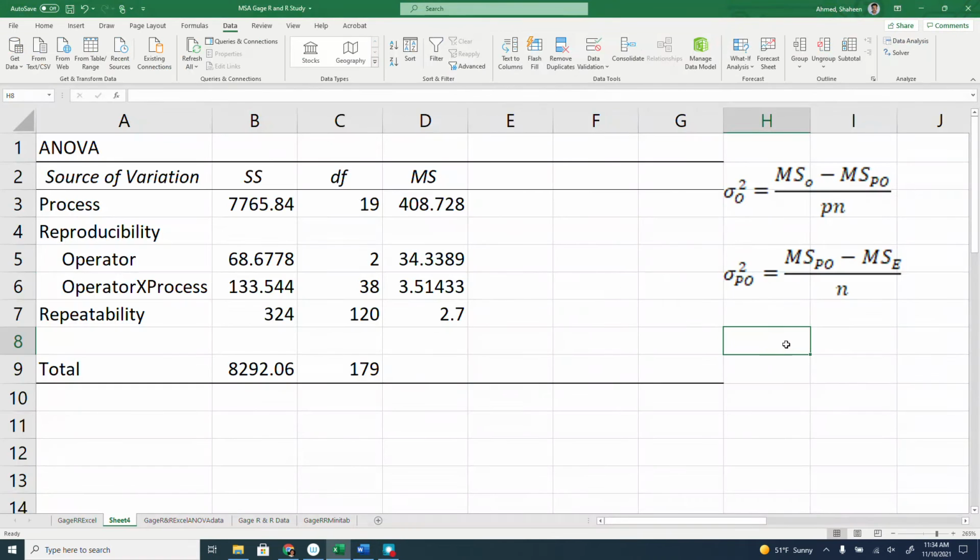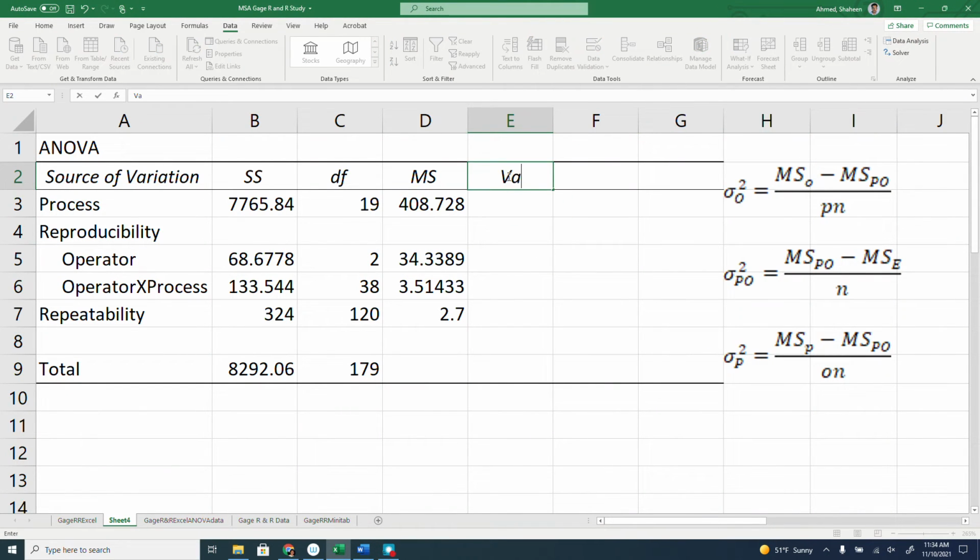We'll type here variance. So variance for the process, which is the P or part-to-part variation, equals MSP, this one, minus MSPO, which is this, divided by the number of operators, which is 3, and then divided by the replication, which is also 3.